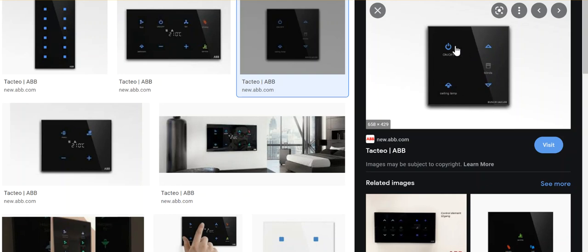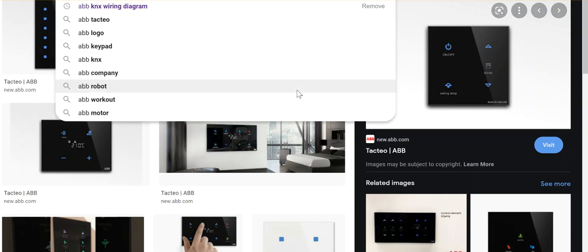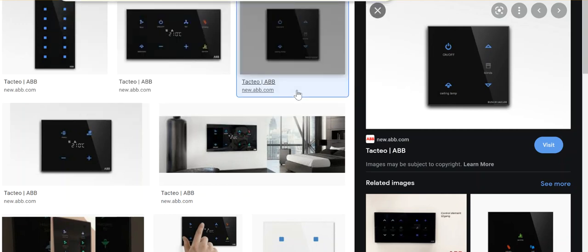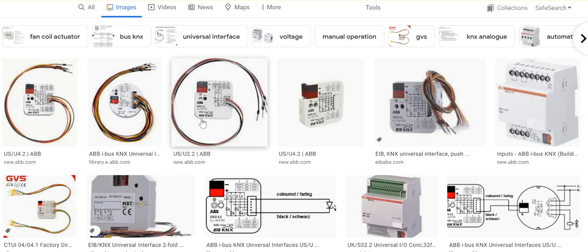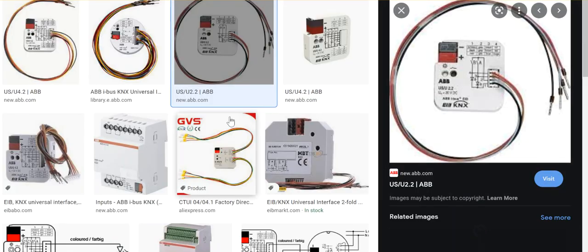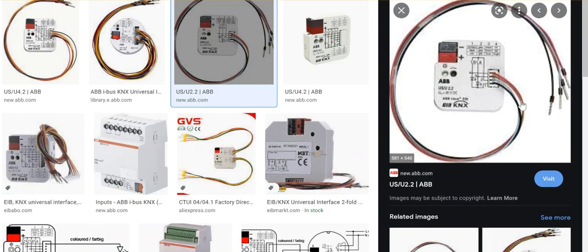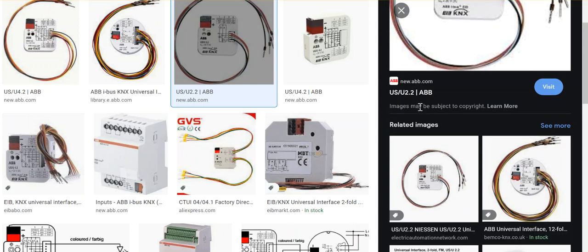This keypad is maybe about 250 euro. Instead of this, you can use the ABB universal input, which has four inputs and costs about 70 euro. But you should connect it to some conventional keypad and connect it to the KNX bus. So you use an alternative way to reduce the price in a building.